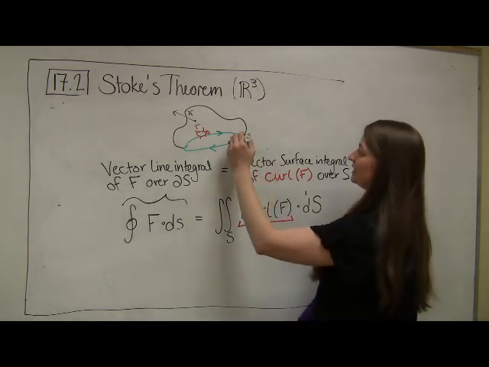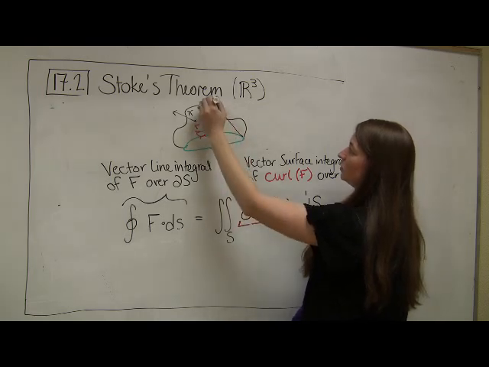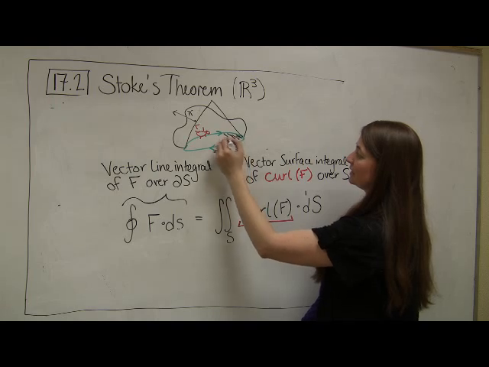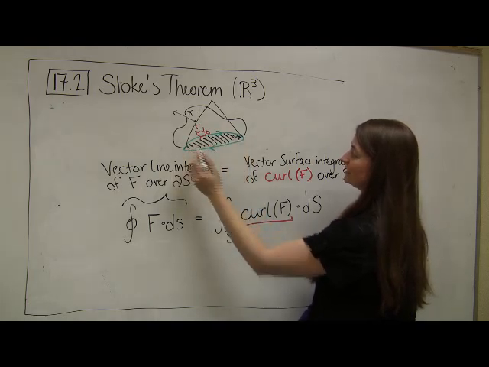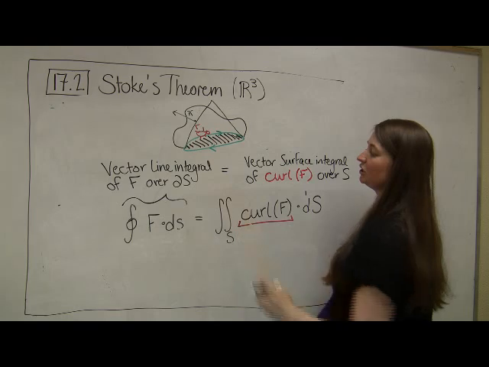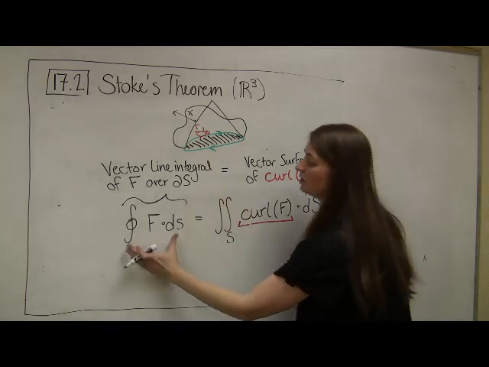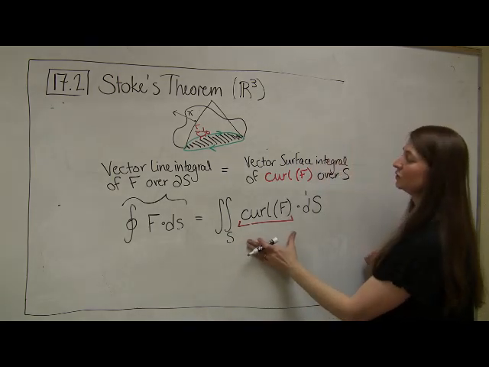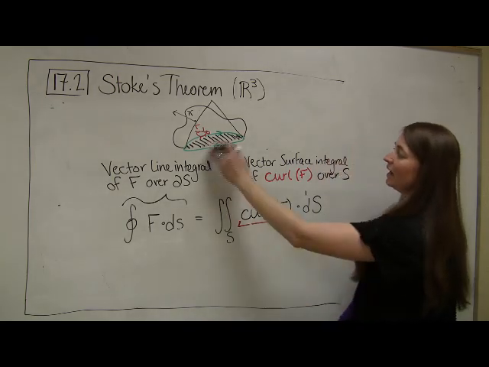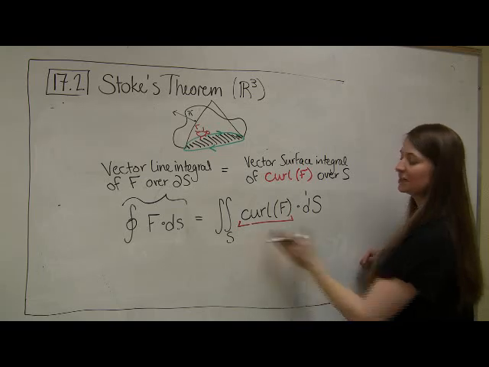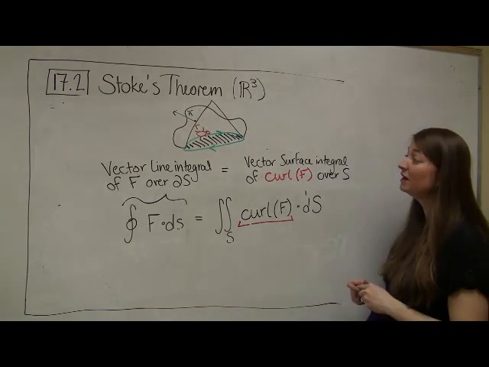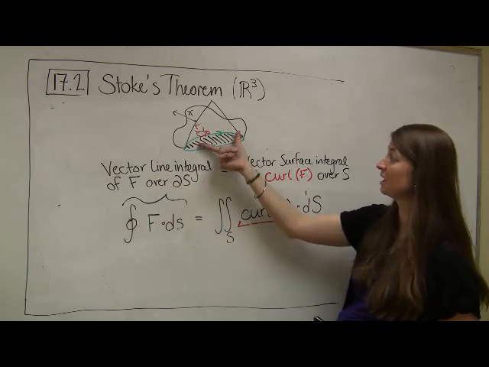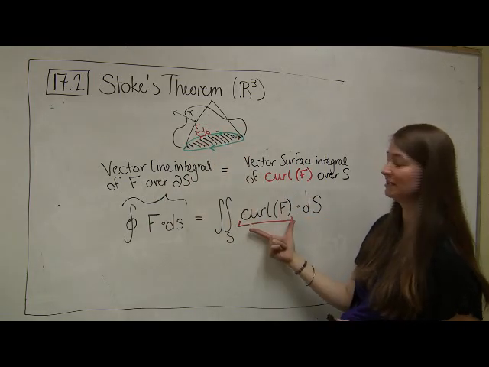In particular, let's say that I just had a cone with the same boundary, or maybe just a flat disk. All of them share the same boundary, which means that all of these integrals would be the same no matter what, so the double integral over the curl of F for all of those different surfaces is always going to give me the same value. So I could pick the easiest surface that still shares this common boundary, and that would give me the same result.